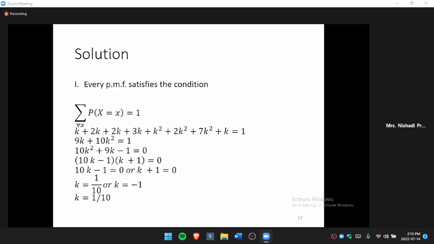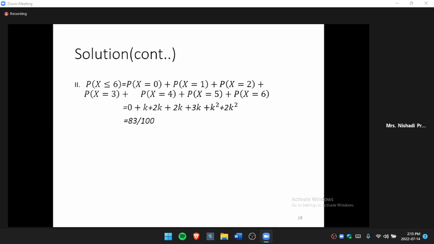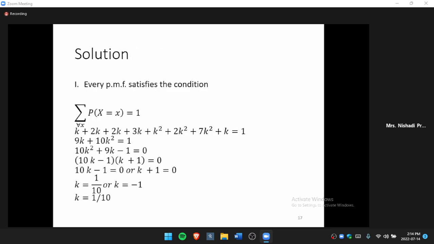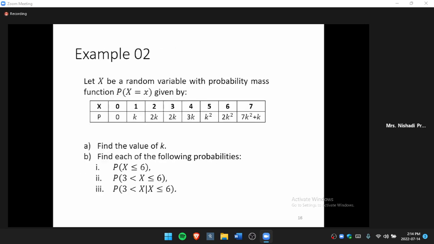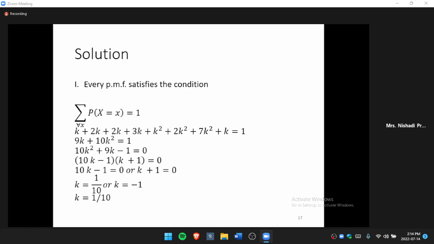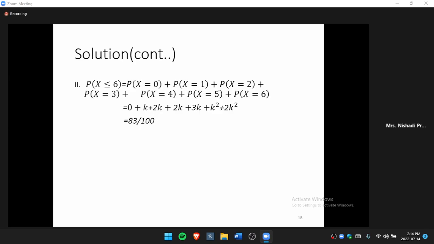After finding the value of k, you can again create the probability distribution table with the value of k. It's better to draw that table again with the value of k. Now you have some questions to be answered. Second one, you have to find the probability x less than or equal to 6.